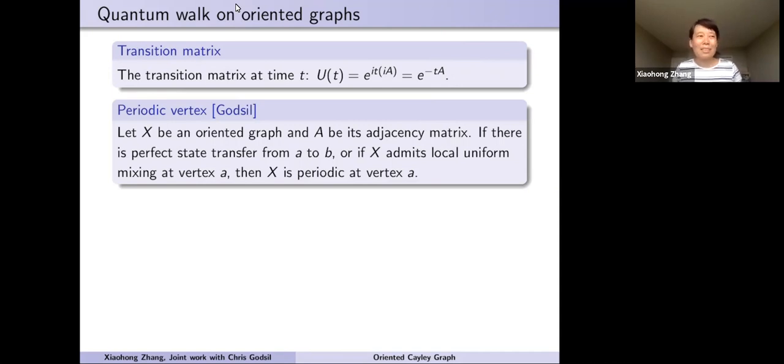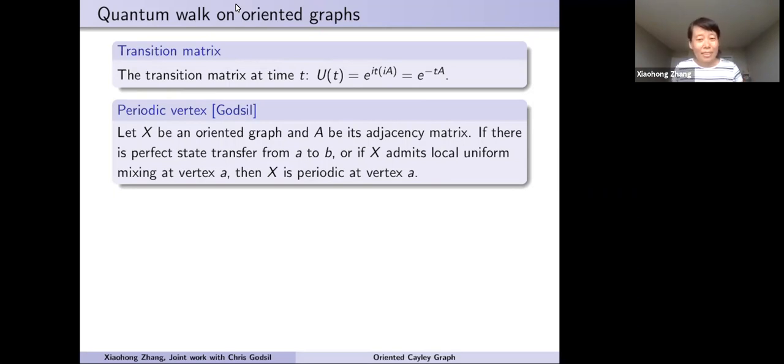The states were described through density matrices, and he considered algebraic state transfer. Uniform mixing or local uniform mixing are generally hard to check or characterize. But from this property, if we know the graph is not periodic at the vertex A, then we already know there is no local uniform mixing at the vertex A.